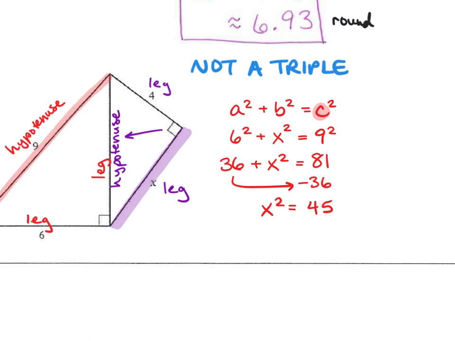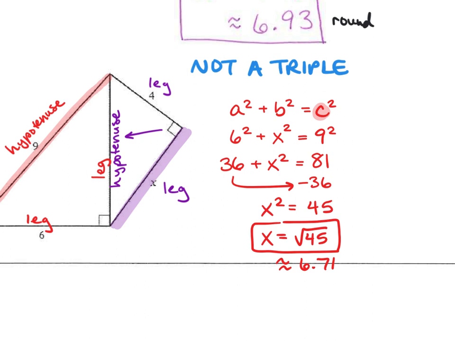In this problem, if we were to do the square root of 45, does it come out to be a pretty number? No, so we're just going to leave it as square root of 45. For those of you wondering, it's approximately 6.71. I don't want the decimal form in the middle of a problem. You only give me a decimal answer at the very end. So we're going to say for the red, x is the square root of 45.